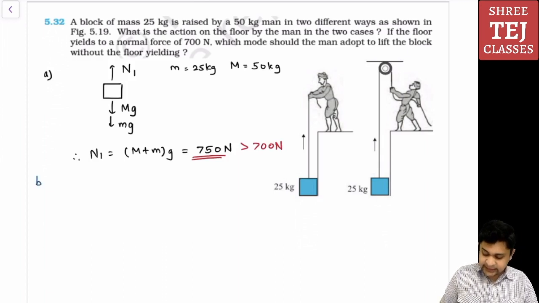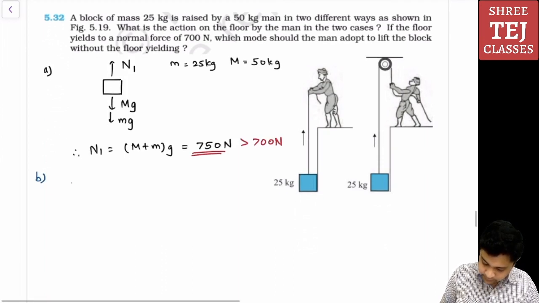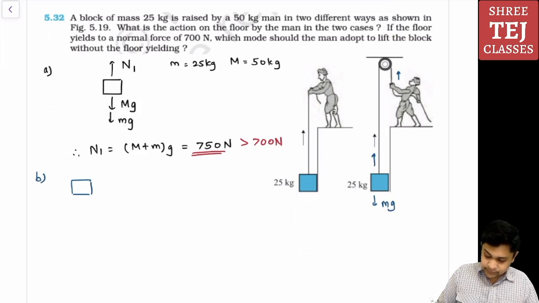In the second case, let us draw free body diagram again. Now the tension is upwards here. So here also the rope will pull the man upwards with mg.